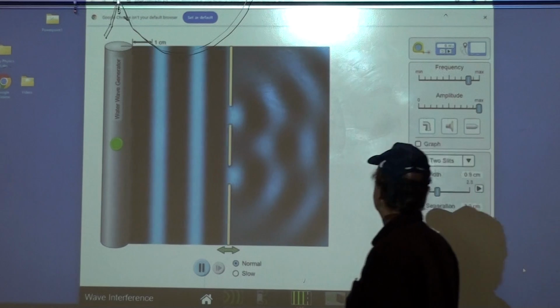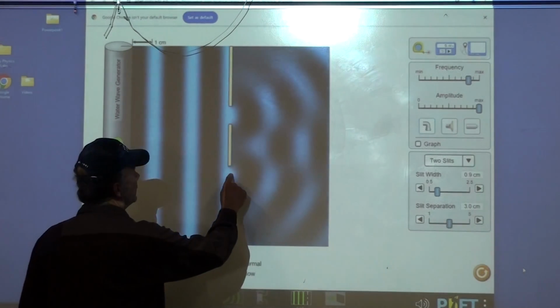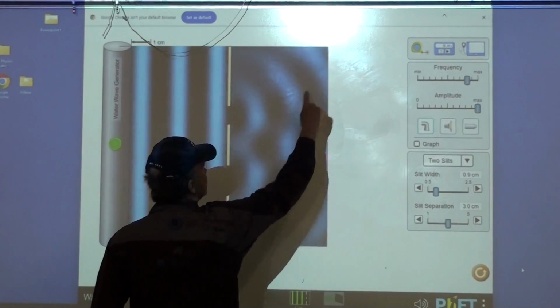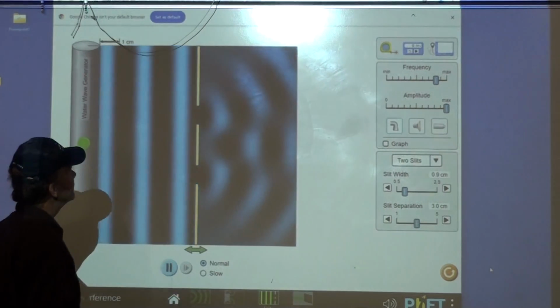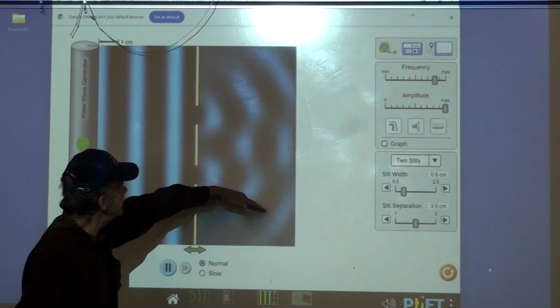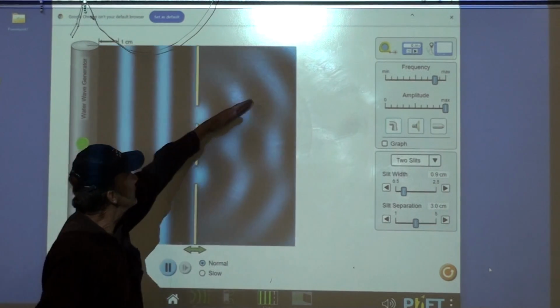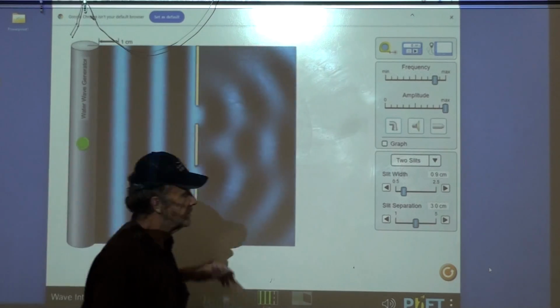You can see here that with this point source and this point source, when we get to this point, we have a bright spot. And so anywhere along here is constructive interference, along there is constructive interference, along there is constructive interference.